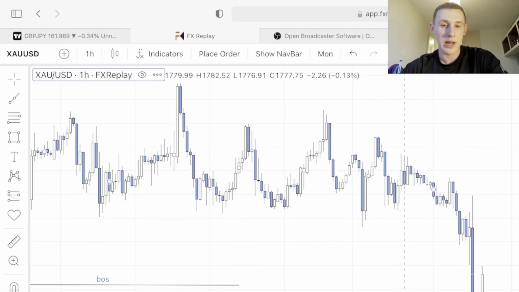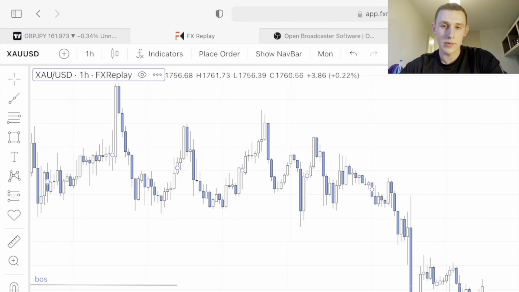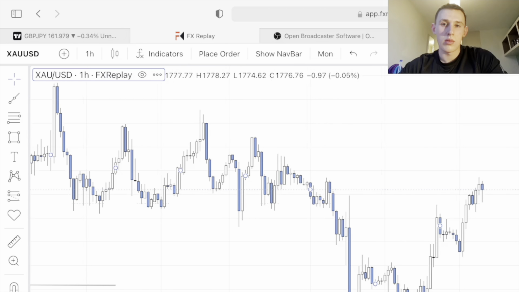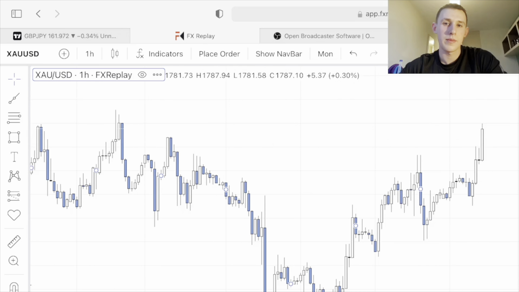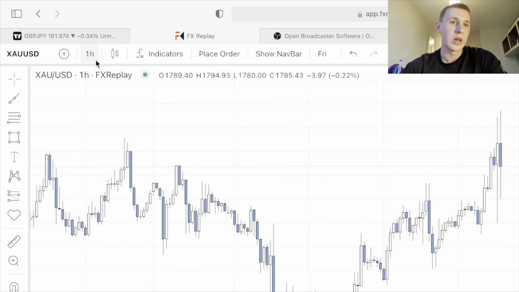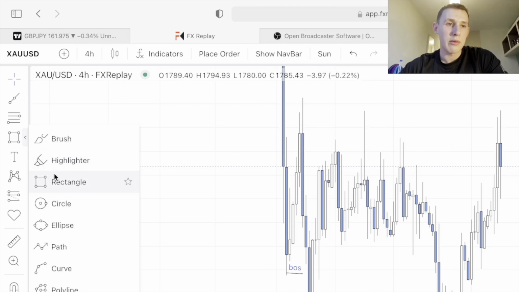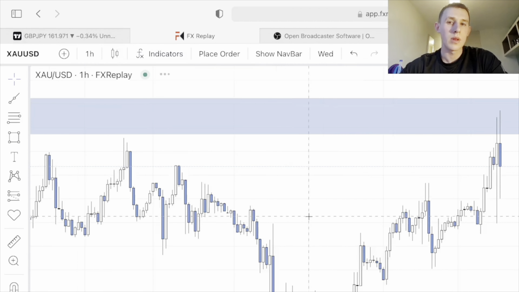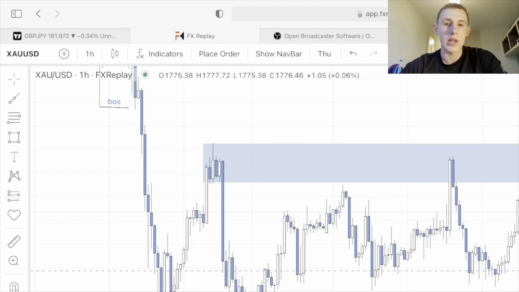Not really seeing anything at the moment. It may want to react from this level again. This area of supply, price may want to hold that again.